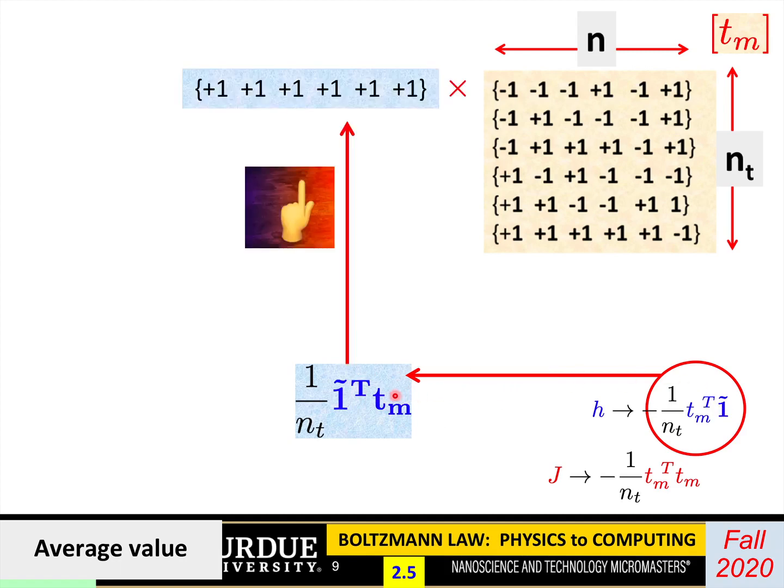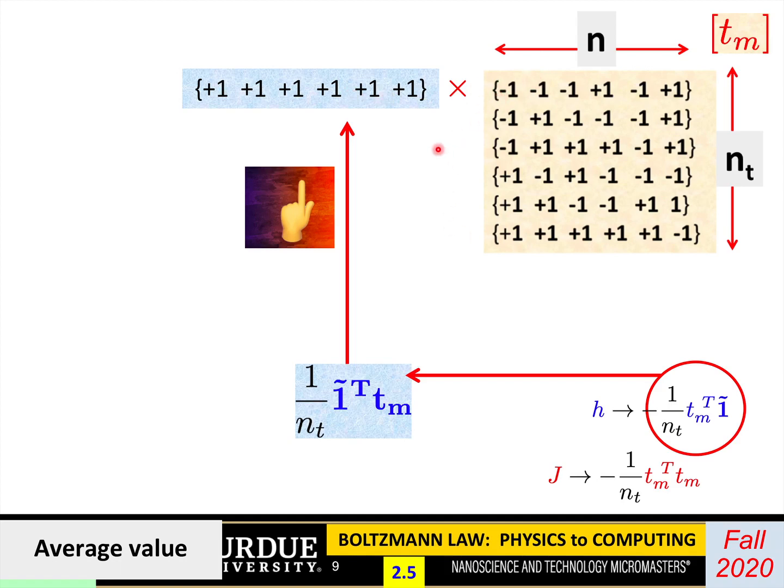Now, what is this row vector? Well, the first quantity here is the transpose of the 1 vector, where all components are equal to 1. That's here. And that multiplies this truth table that I had written down.